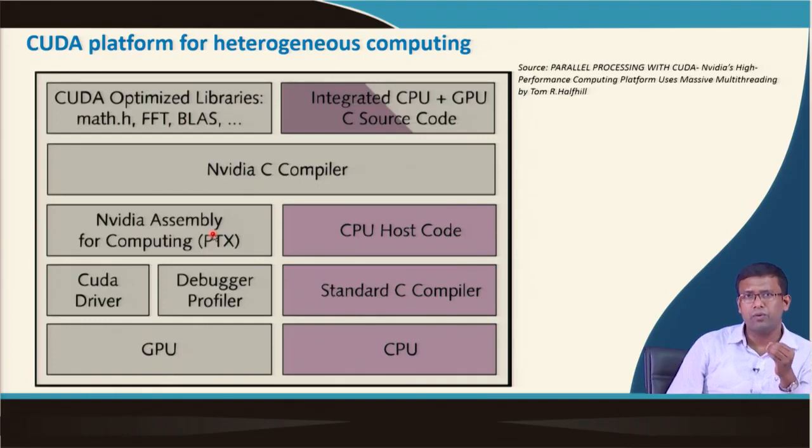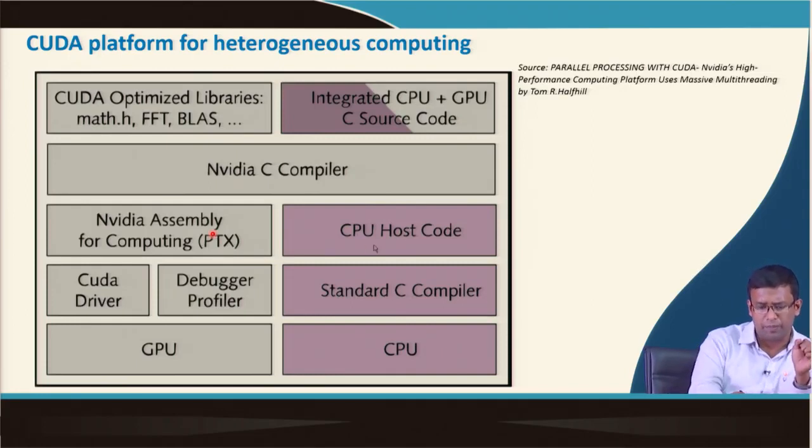But when you write your own program, which is basically C source code, it has integrated CPU plus GPU code. The CPU part is compiled using the standard C compiler, follows the compilation command syntax of the standard C compiler, and goes to the CPU. The GPU part uses PTX, which is NVIDIA's own assembly language for GPUs, and then it goes to the GPUs.